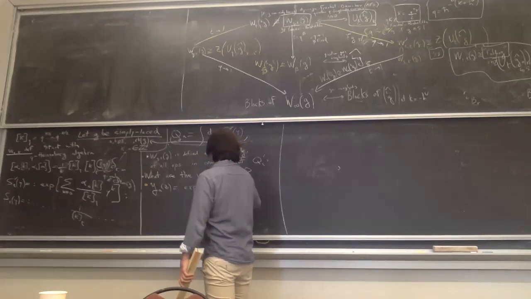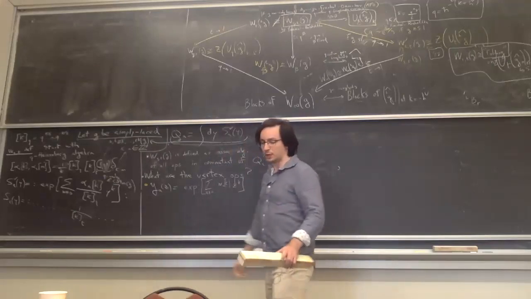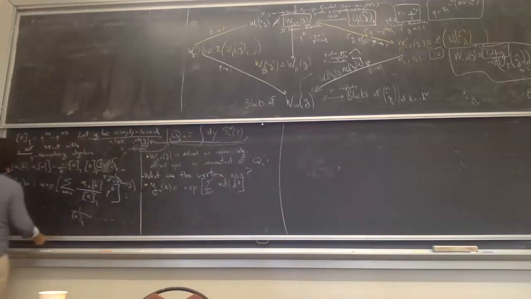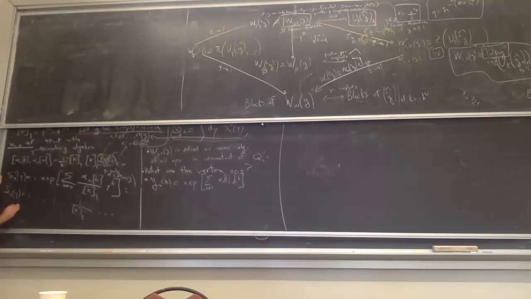Yes? You say all operators within which feature set? Ah, yes, so I should be careful. So here, I should consider the Fock space, the zero modes that I haven't written down. So zero modes generate some Fock space.